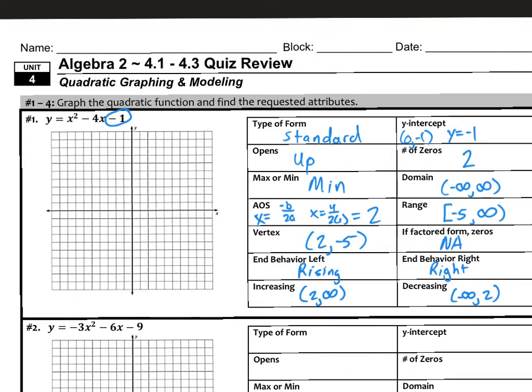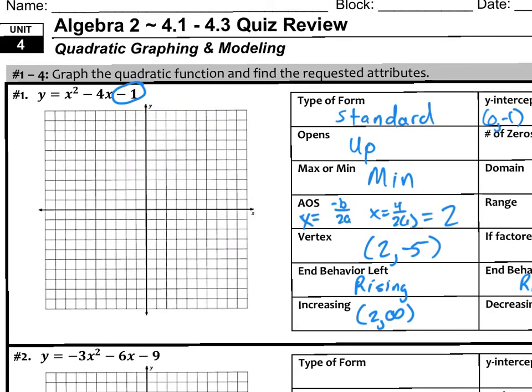If it helps, go ahead and plot the graph first before you do increasing, decreasing. So I'm going to plot, first off, my y-intercept at negative 1, then my vertex at 2, negative 5, down here. I do know that we have symmetry.